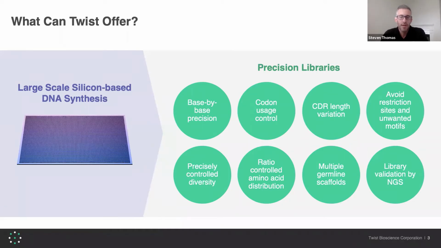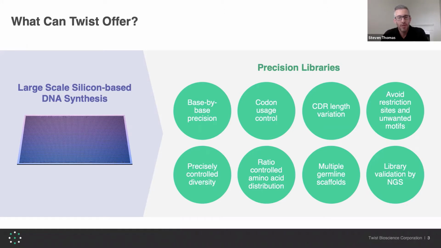For example, if you wanted to maintain the uniqueness of a restriction enzyme site, and that motif were to come up in a library design, we could simply move to the next codon and still maintain the variant in the library. All of this is very, very precise, so we can get rates of substitution down to 1%.